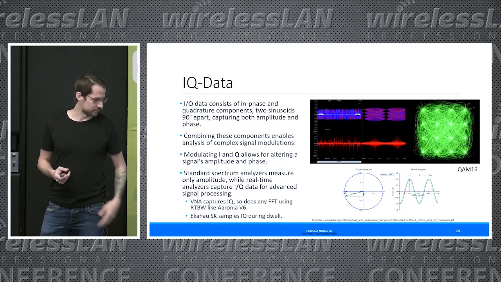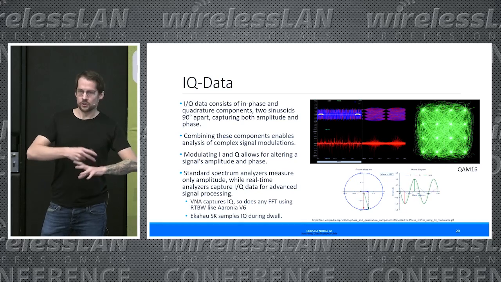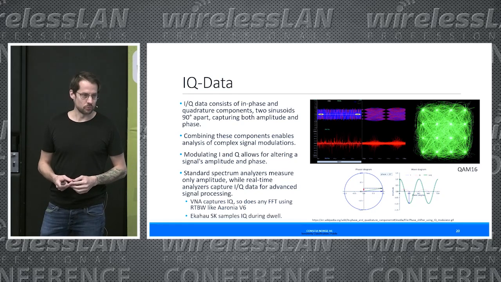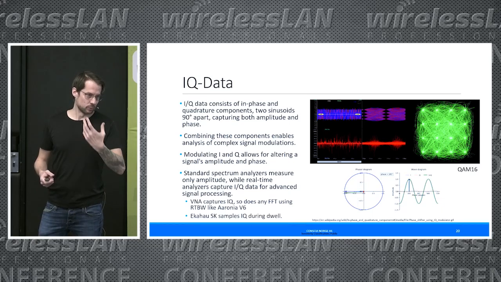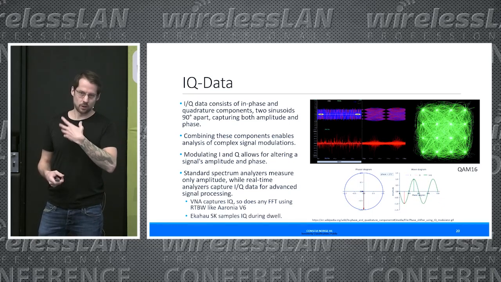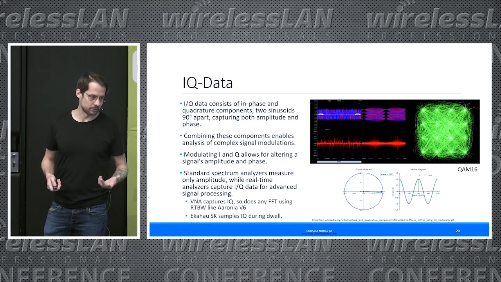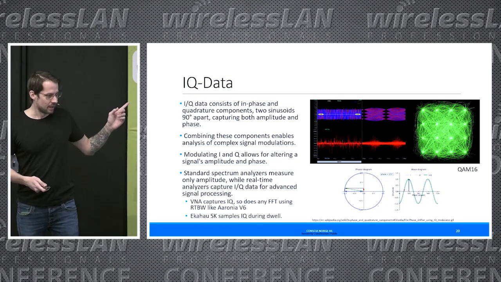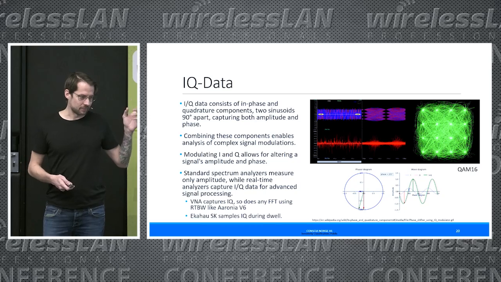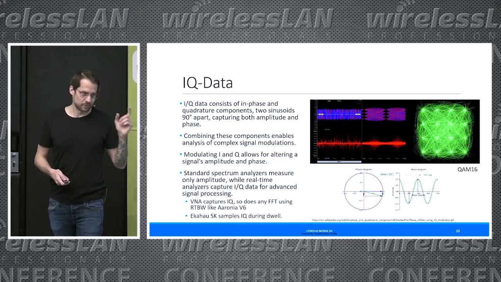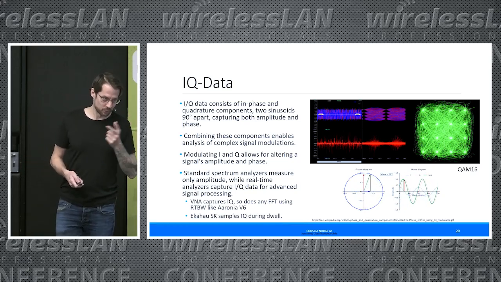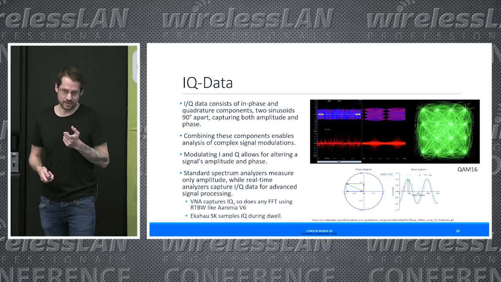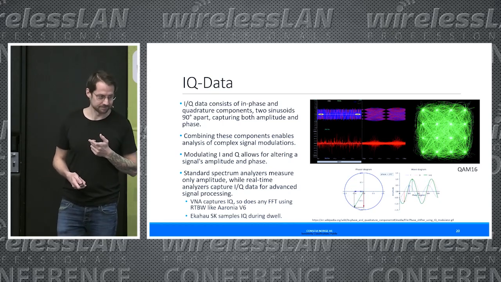Real-time analyzers like the one I have here and other high-end spectrum analyzers can demodulate it, so we can see if it's QAM 16, Bluetooth, Wi-Fi, or decode cameras, baby cams, etc. And that means if the Ekahau Sidekick samples IQ and we had an IQ output of it, we should be able to get some IQ from that as well.